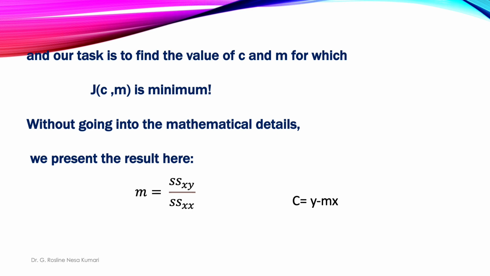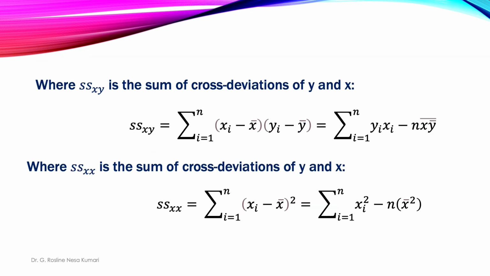To find the values of c and m for which J of c comma m is minimum, without going into the mathematical details, we can present the results here. m equal to SS xy divided by SS xx. c equal to y bar minus m x bar, where SS xy is the sum of cross deviation of y and x.